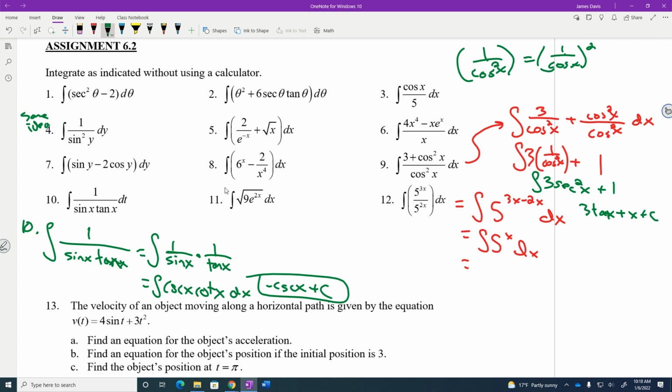It's actually not bad. So remember, when you take the square root, if they're multiplied, you're allowed to split that up. You can think of this as the same thing as just the square root of 9 and the square root of e to the 2x. And then the square root of 9 obviously is 3.